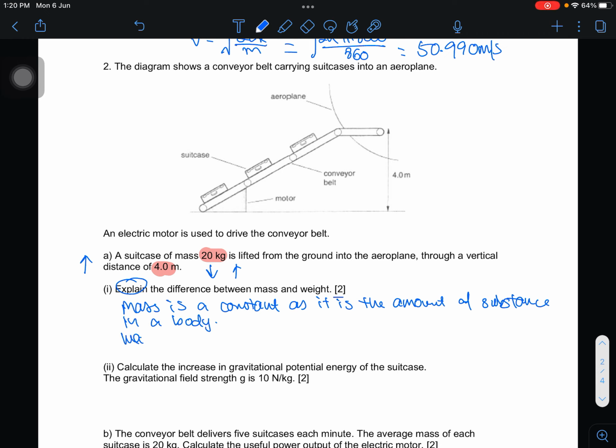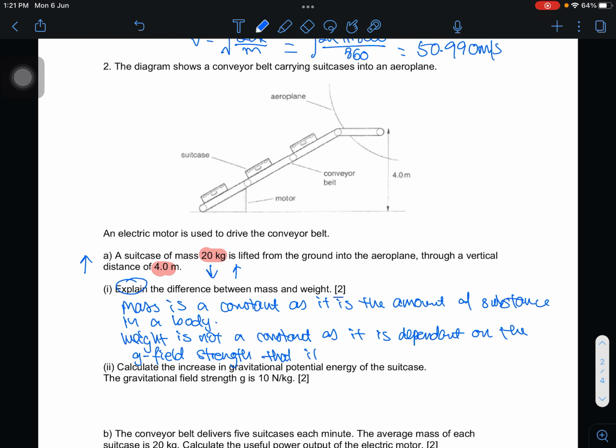Okay, weight is not a constant, as it is dependent on the g field strength that it is in.